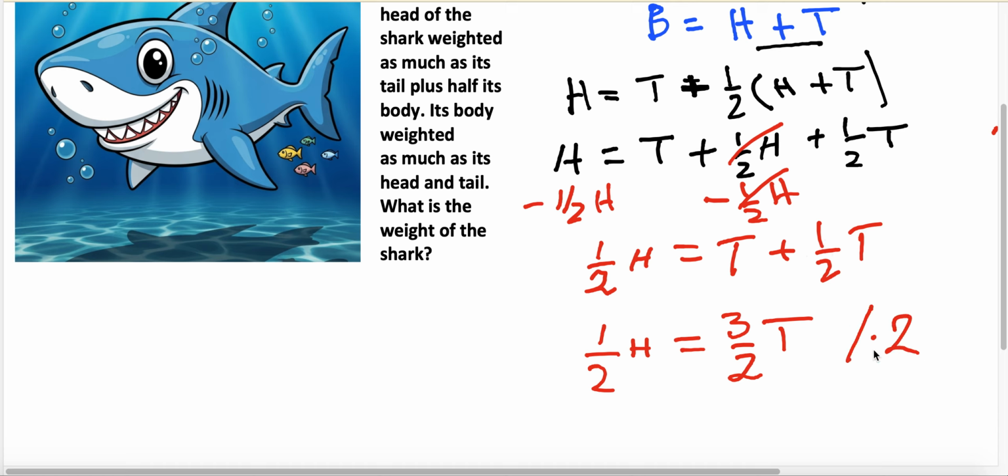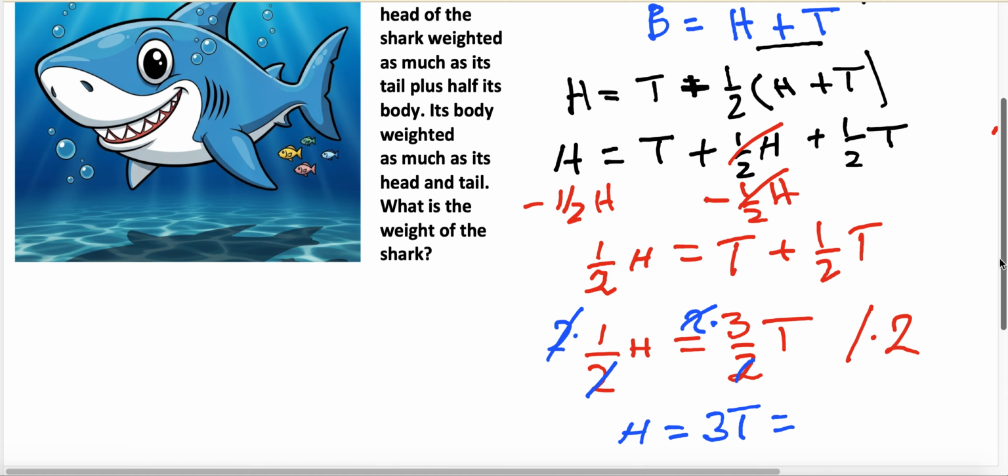I am multiplying everything by 2. If I multiply by 2, hold this equation, times 2 here, times 2 here. The 2 with the 2 I can simplify, and what remains here is head equal to 3 times tail.